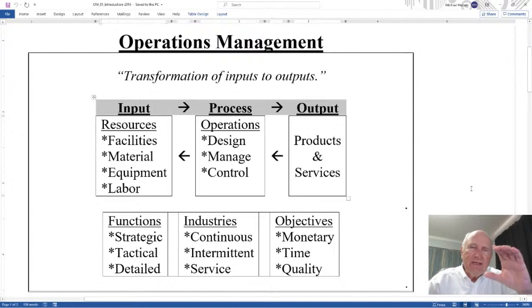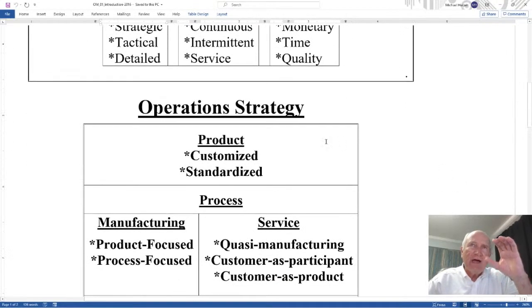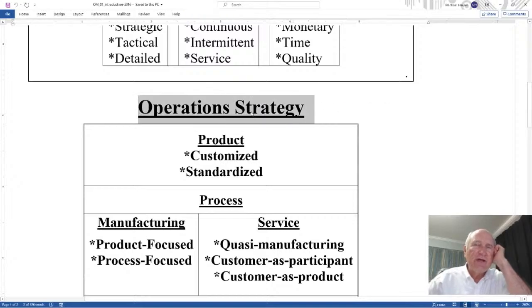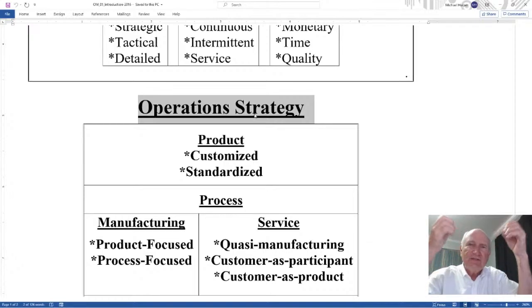Now let's go a little bit deeper and look at strategies. The way I define operation strategy for this course is a series of decisions that lead to an objective, and that objective or goal would be the strategy. So the strategy is the series of decisions and the actual objective or goal.